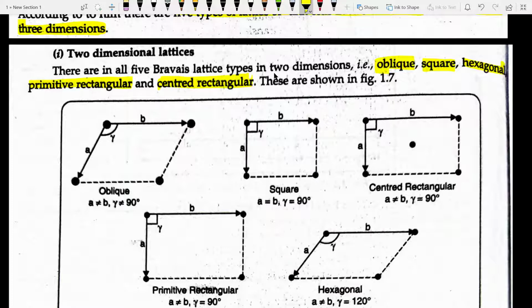All these are two-dimensional. So there are five types of Bravais lattice in all. First is oblique lattice.